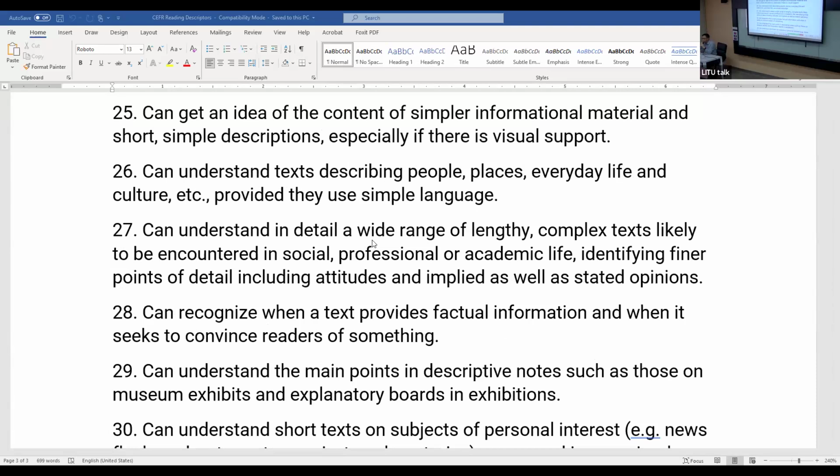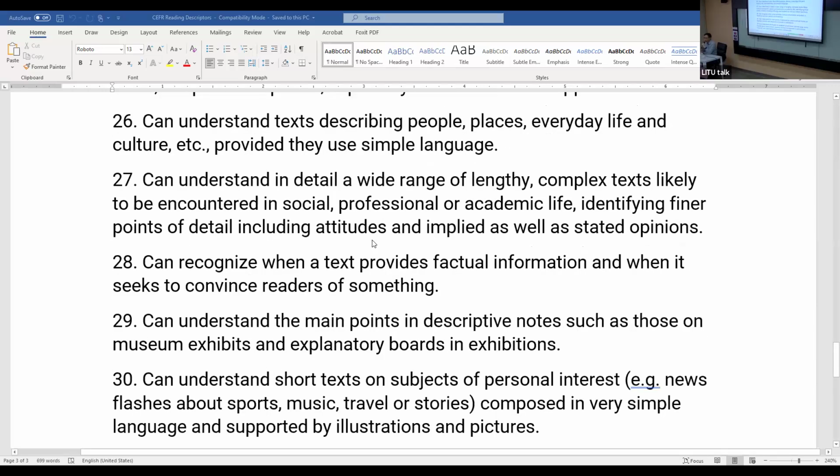Number 26, A2. 27: why C1, not B2? Right, implied, right? Stated opinions without any extra resources. That's C level.